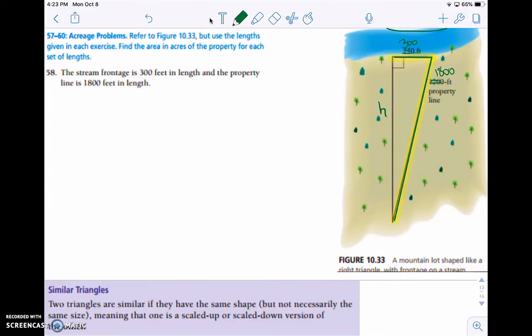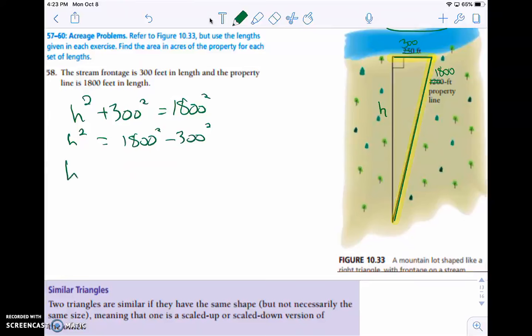So if we're trying to find this, remember in the Pythagorean theorem, the longest side, which is 1800, is the hypotenuse. And that's the side that is what we call the C value. So in this case, we're going to have h squared plus 300 squared equals the longest side squared. So if I subtract 300 squared, I'll get h squared equals 1800 squared minus 300 squared.